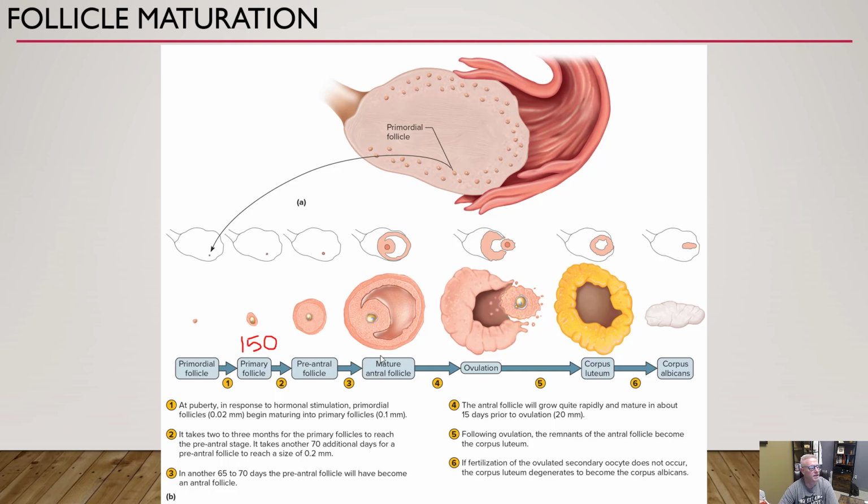Then it's going to take another 65 days to go from a preantral follicle into an antral follicle, and then 15 more days to go from an antral follicle into a mature antral follicle.